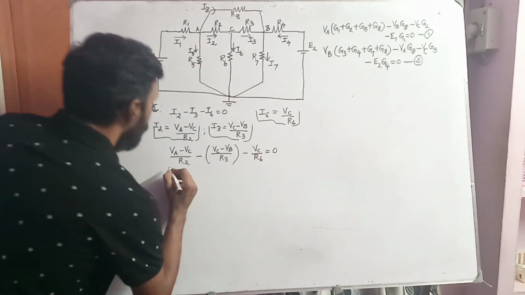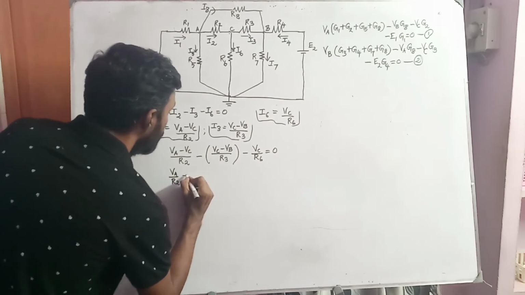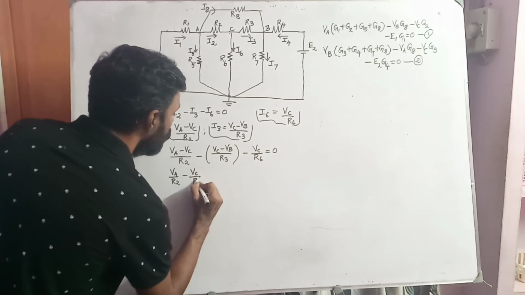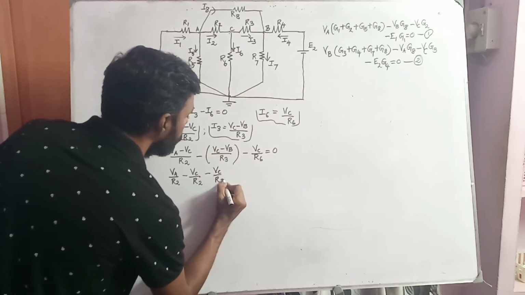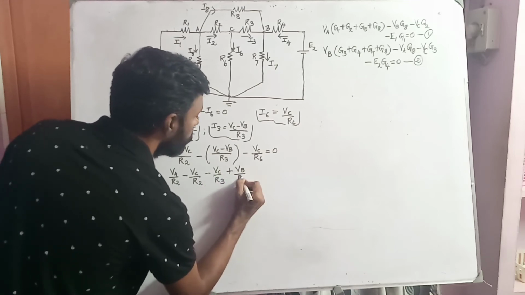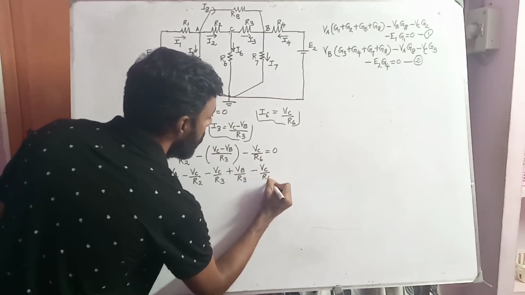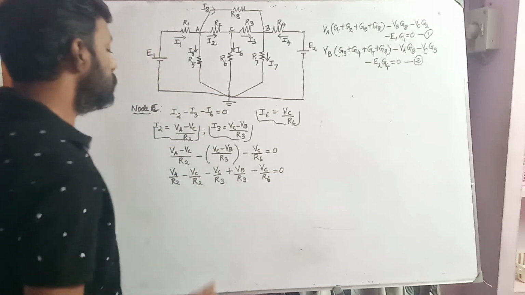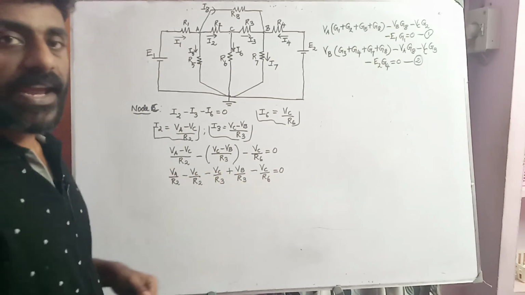Now VA divided by R2 minus VC divided by R2 minus VC by R3 plus VB by R3 minus VC by R6 equal to 0. So this is the expression I had found.